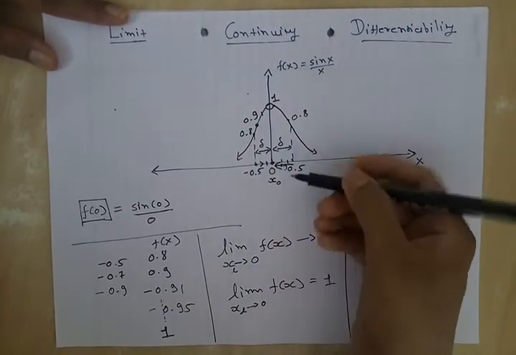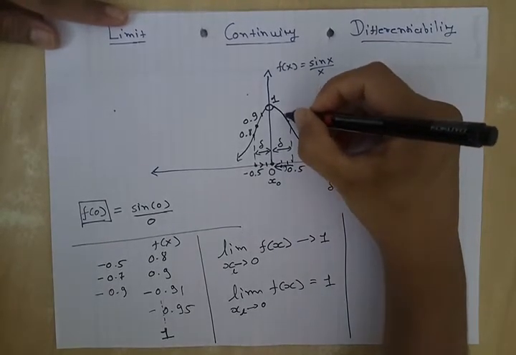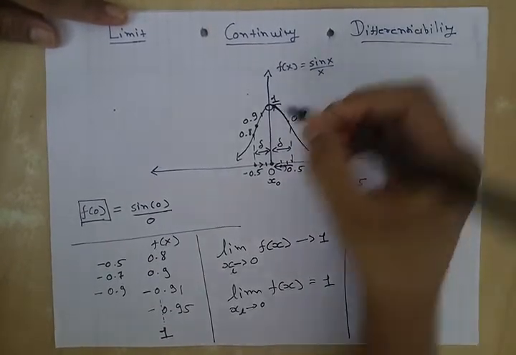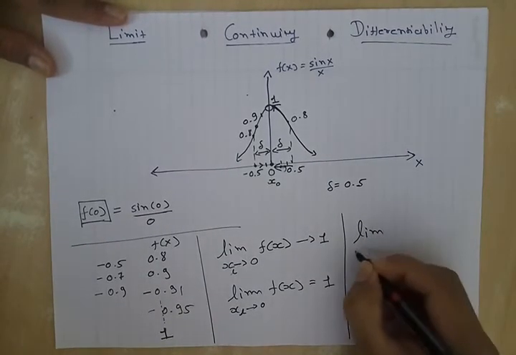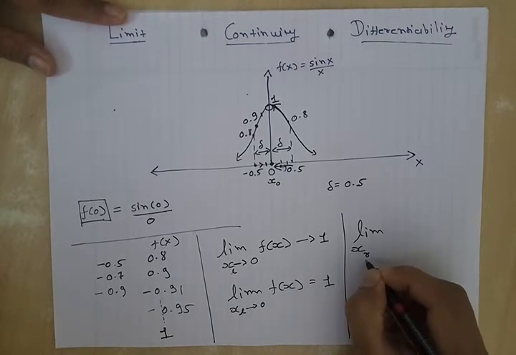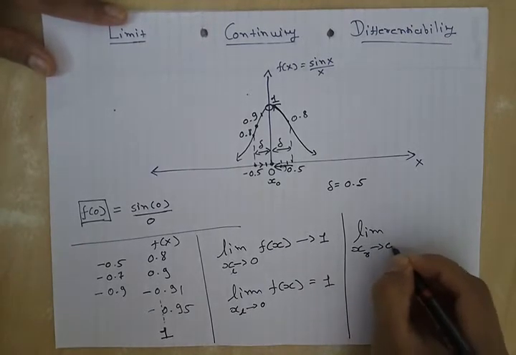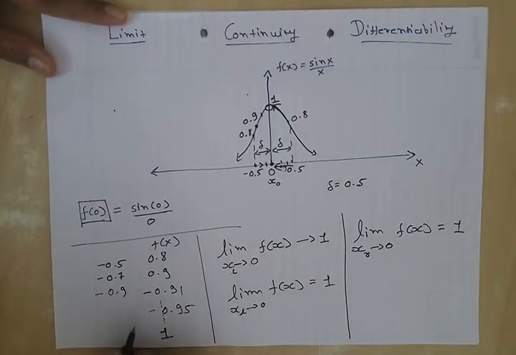And as we approach x = 0, the function f(x) will approach the value 1. So we can say that for the right hand side limit, as x tends to 0 from the right, f(x) is equal to 1.